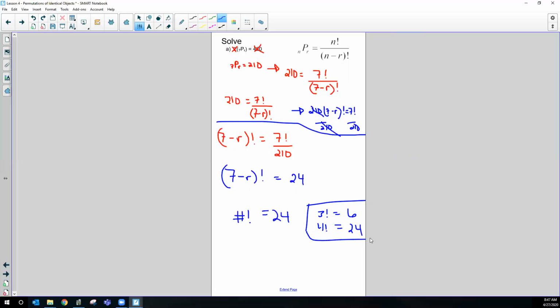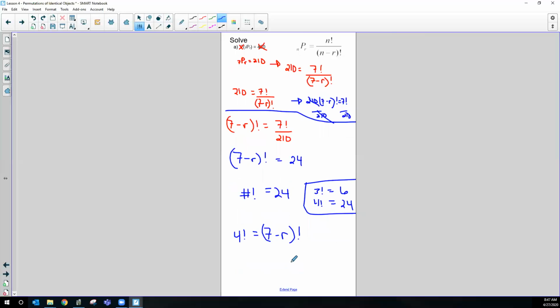So we know that 4 factorial is equal to 24, so 4 factorial is equal to (7 minus R) factorial. 7 minus what is equal to 4? 3. So basically, you picked from 7 at the beginning and you chose 3. 7P3 is equal to 210. That's basically how you do those ones, and there is one of them on your assignment.